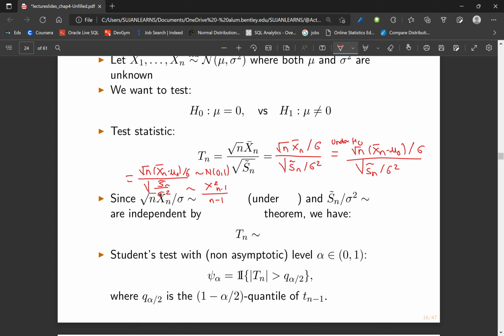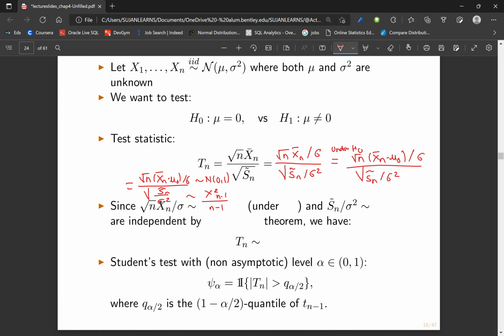How do we get this? For this, we have to go back to Cochran's theorem, which says that if there are two variables, Z and V, where Z is a standard normal and V is chi-square, then Z is independent of V. That's what it says.